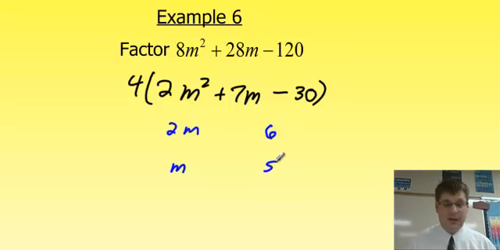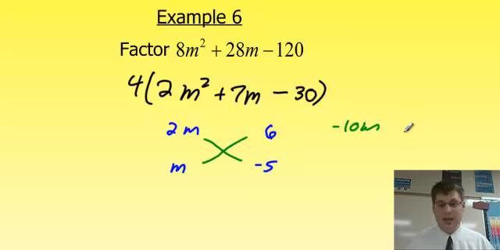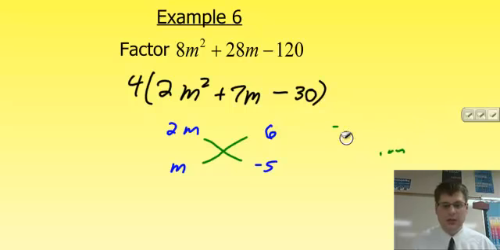Let's make the 6 positive and the 5 negative. Okay, we'll try that out. We cross multiply. Well, that's going to give me negative 10m, and 6 times m, that's going to give me plus 6m. Well, that's going to give me negative 4m, and I need a positive 7, so that's not right. Okay, so we need to try something else.